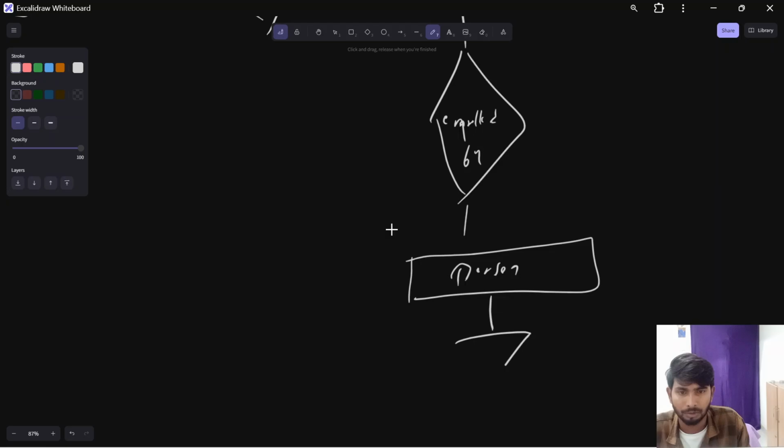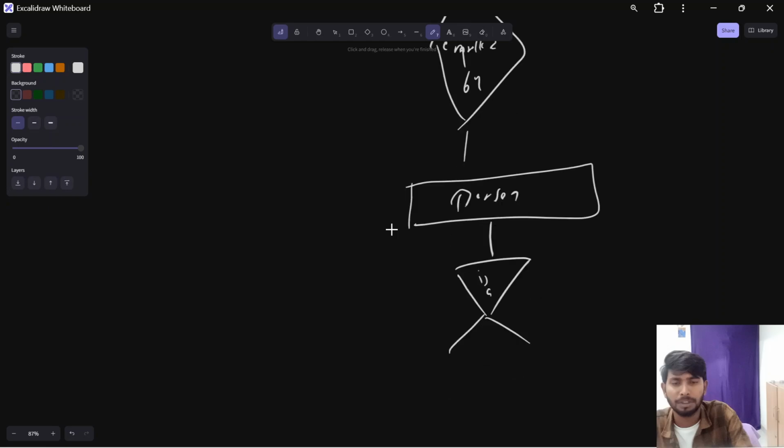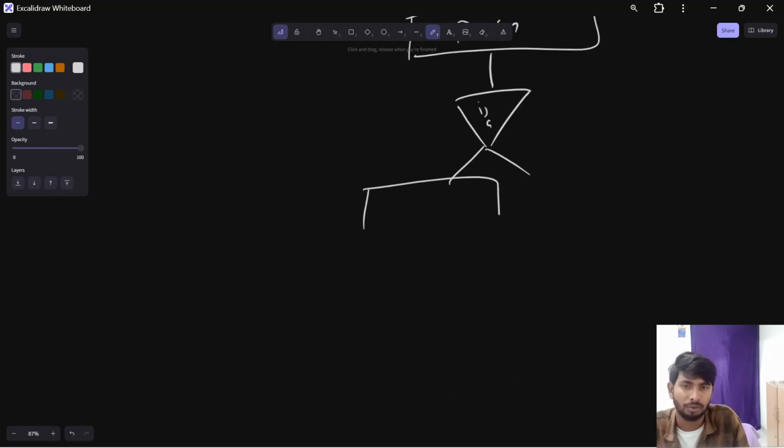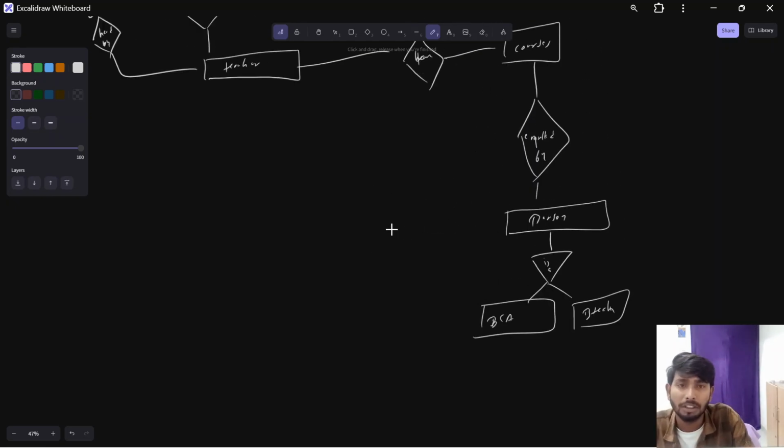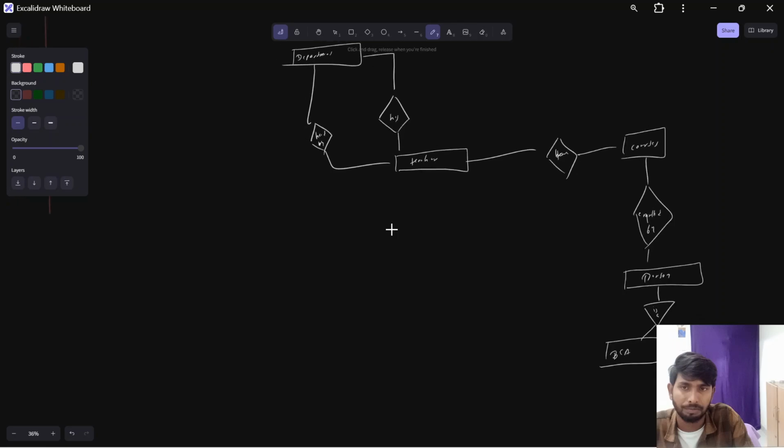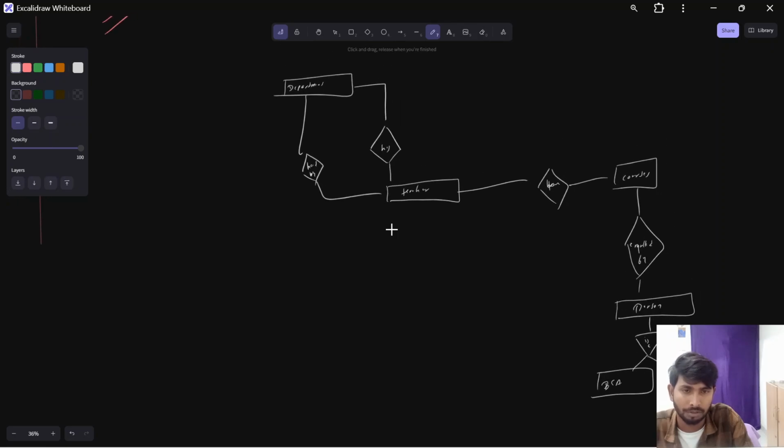Students can be from any department. It aggregates students from the BCA department, from BTech, like that. So this is our EER model.